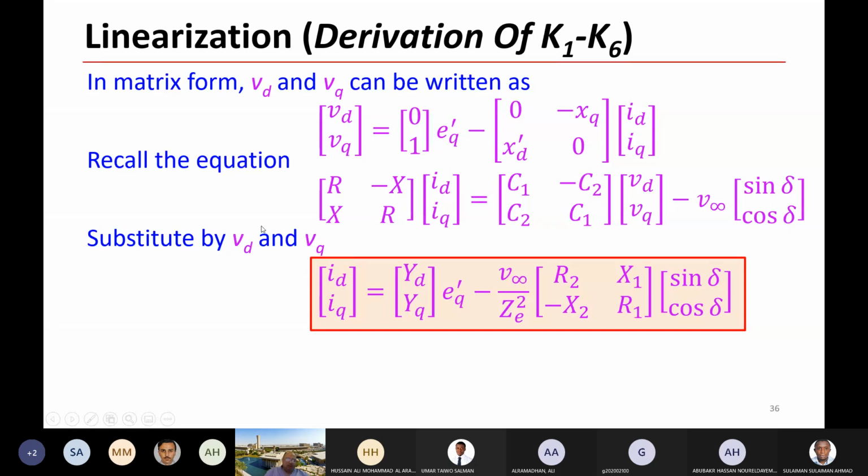Of course, you need to multiply here by the inverse of this matrix. So this matrix multiplied by the inverse. If you multiply by the inverse with C1 and C2, these are constants, and you express Vd and Vq in terms of this. Of course, the Id and Iq you can combine with this term. So you can have this equation at the end.